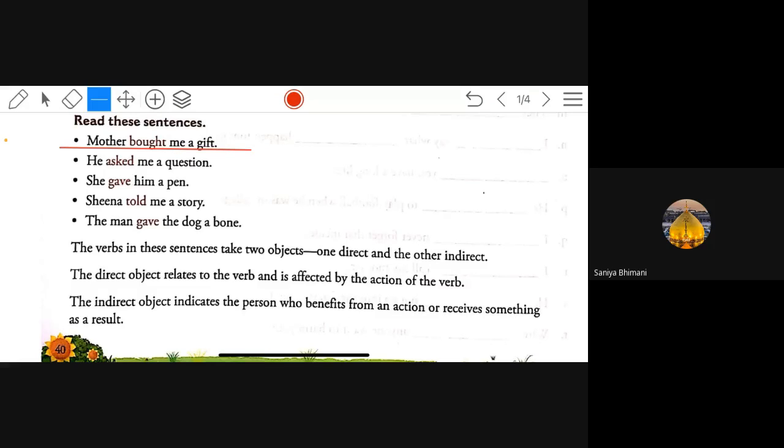Very good. Mother bought what? Gift. वो direct object. And mother bought gift. Whom did she buy? किसके लिए? Whom? Me. So it is indirect. What is in the second one? Tell me the two objects in the second one.